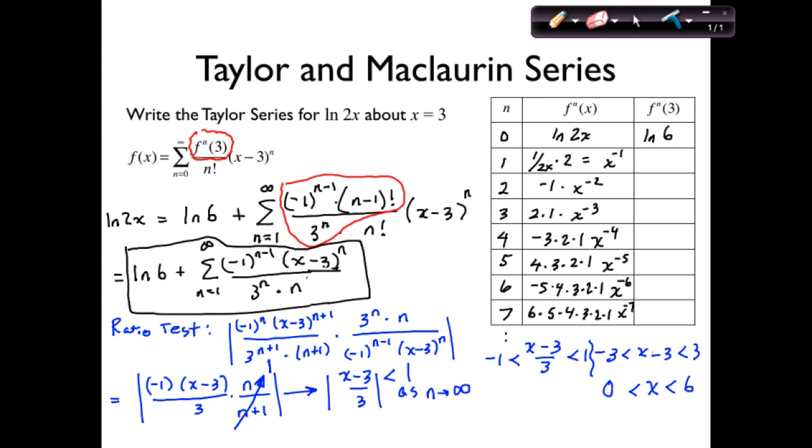So sometimes you'll get both endpoints, it will converge at both endpoints, neither endpoint, sometimes it's one or the other. So at 0, what do we do? We take 0 and we put it back into our original series. I'm going to get negative 3 to the n over 3 to the n, just like negative 1 to the n.